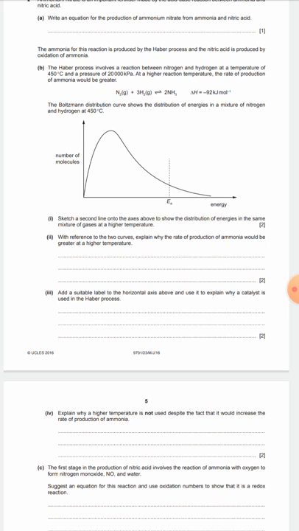Rate is all about how much of them is present and the extent of collision between them. It has nothing to do with the amount of products or reactants present. So here we are talking about rate.